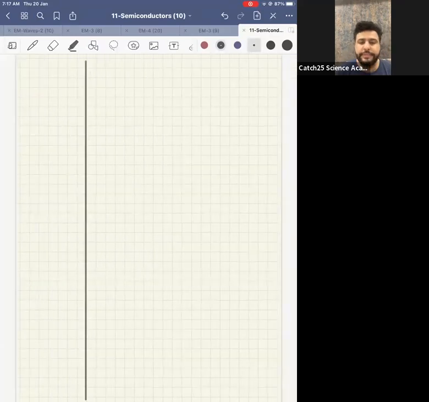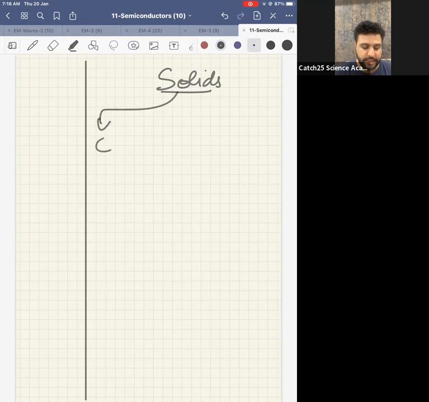If I ask you how many types of solids are there, in this chapter remember we are dealing only with solids, we're not dealing with liquids and gases. Based on electrical conductivity, meaning how they conduct, solids are classified as conductors, semiconductors, and insulators. Conductor, as the name suggests, completely conducts electricity.